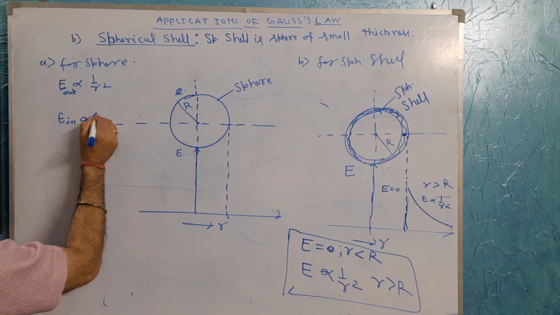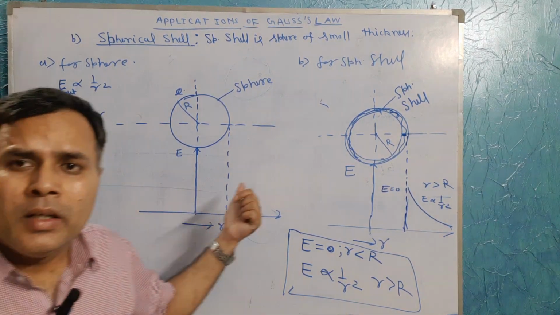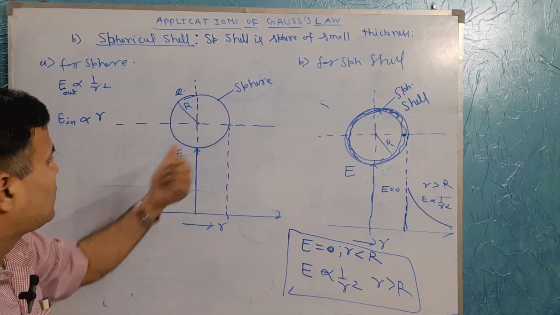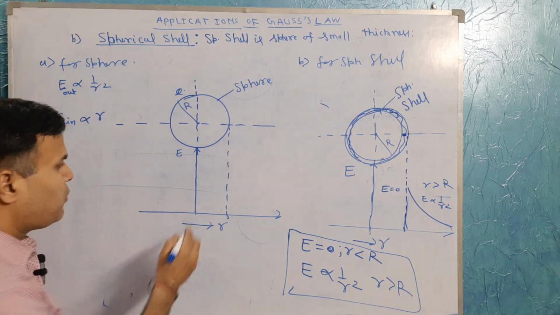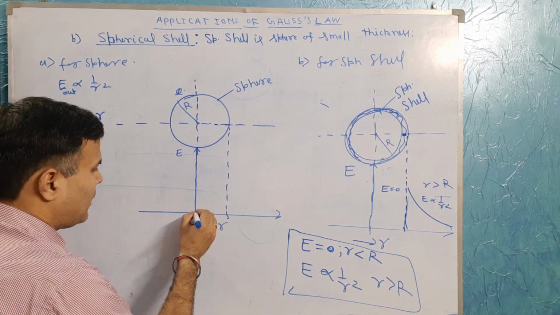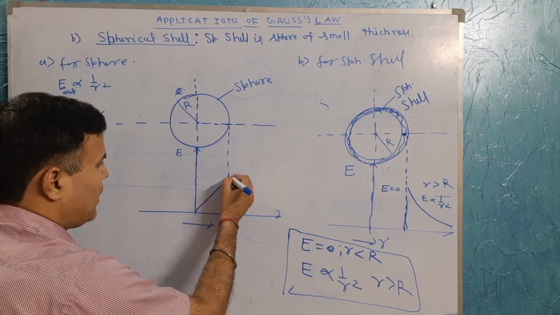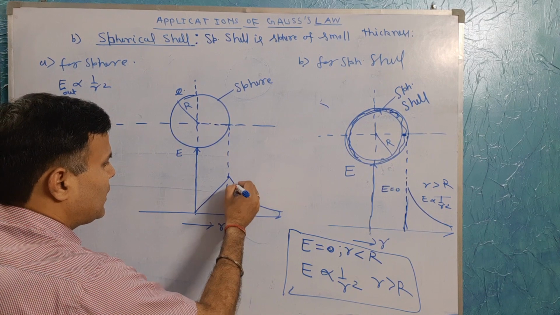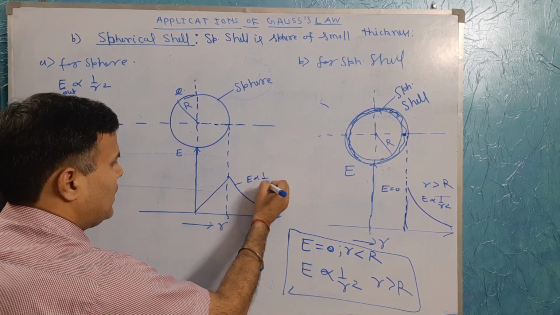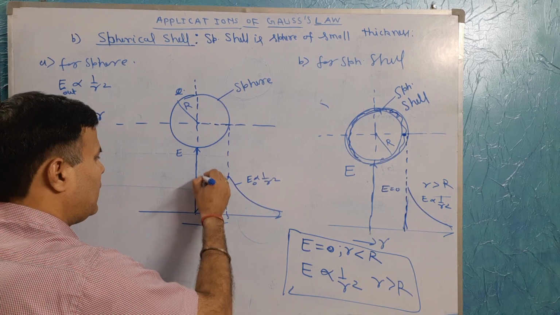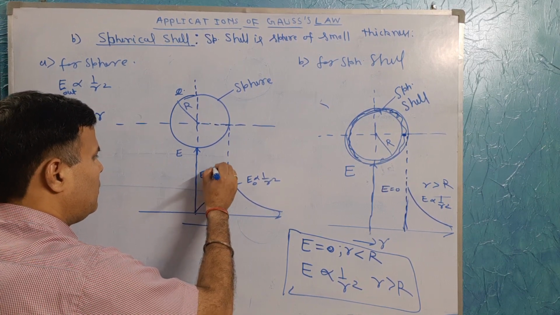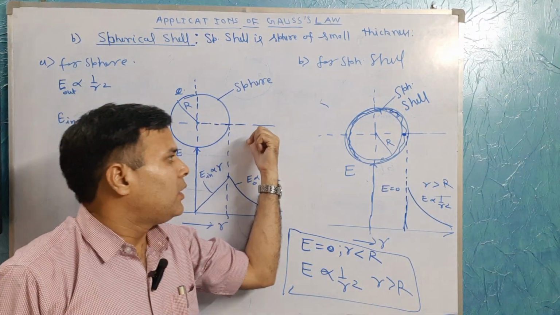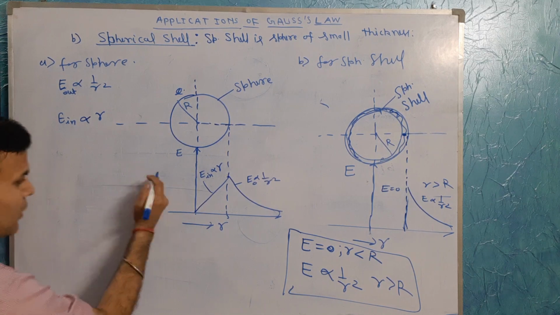For a uniformly charged solid sphere, the electric field inside at any point behaves linearly, and outside it behaves like this. So E is proportional to 1 by r square outside, and inside it is proportional to r. This is the basic difference between the two.